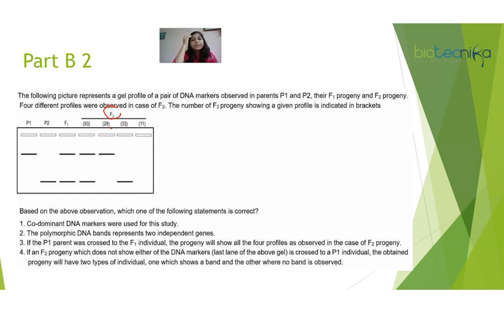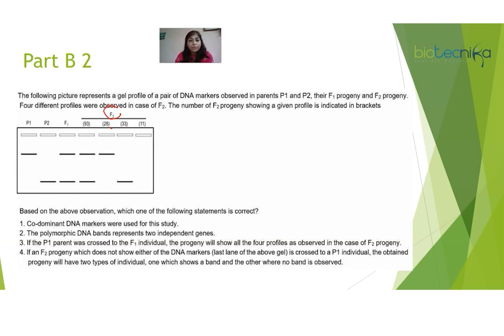This is not a question solely based on Unit 8, but it is also related to Unit 13, where we talk about the DNA markers. The first statement says that codominant DNA markers were used in this study. Now what are codominant markers? Codominant markers will show their presence together.